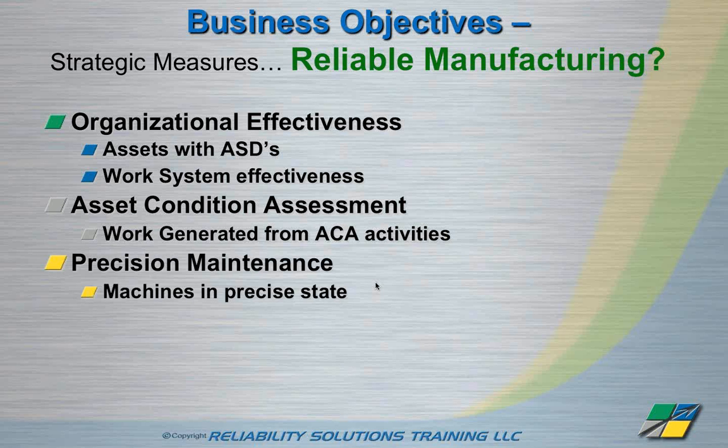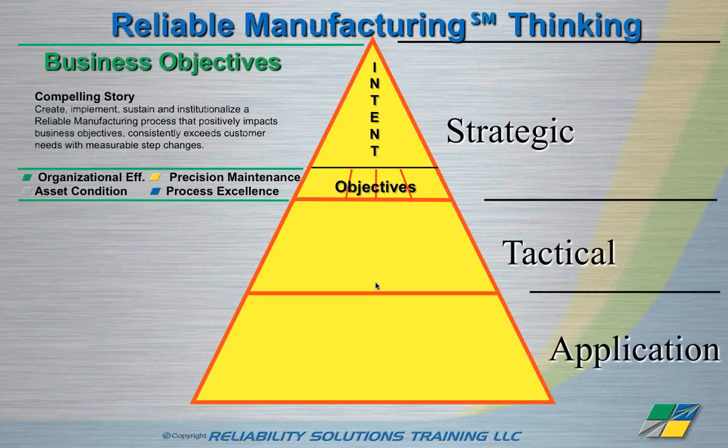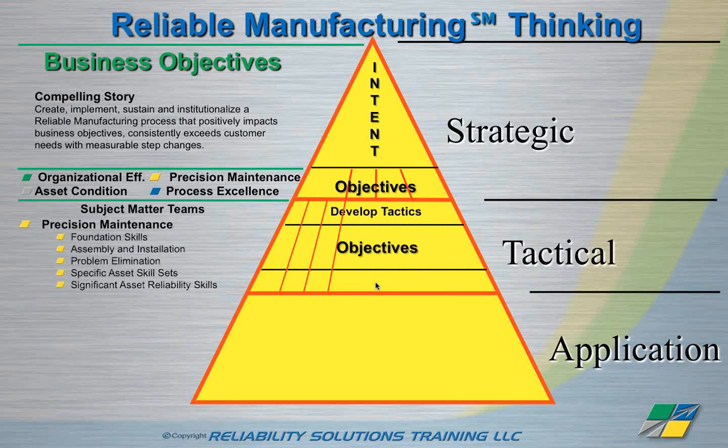In the area of precision maintenance, the number of machines we have placed in a precise state should be important. On process excellence, how much true work is being generated from our process rounds. I can put strategic metrics around all of those items. If we take one of those tactics and break it down, take precision maintenance. We need foundational skills.